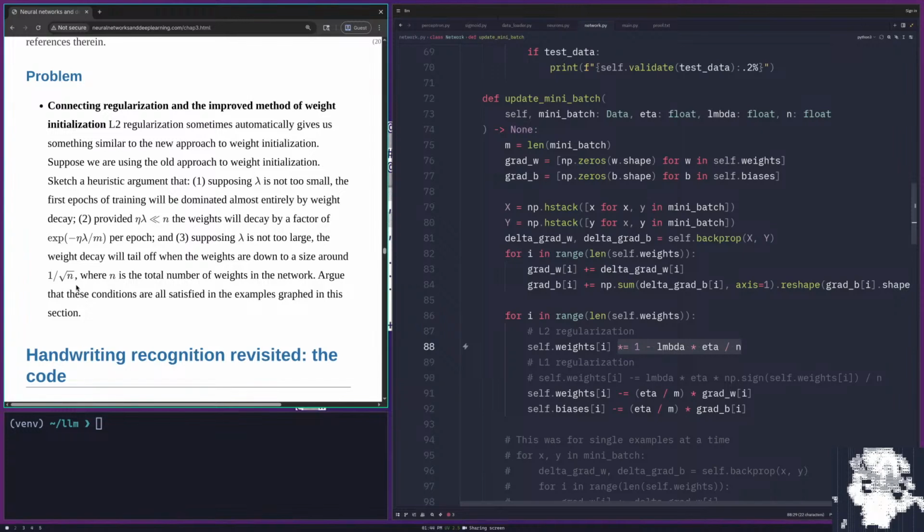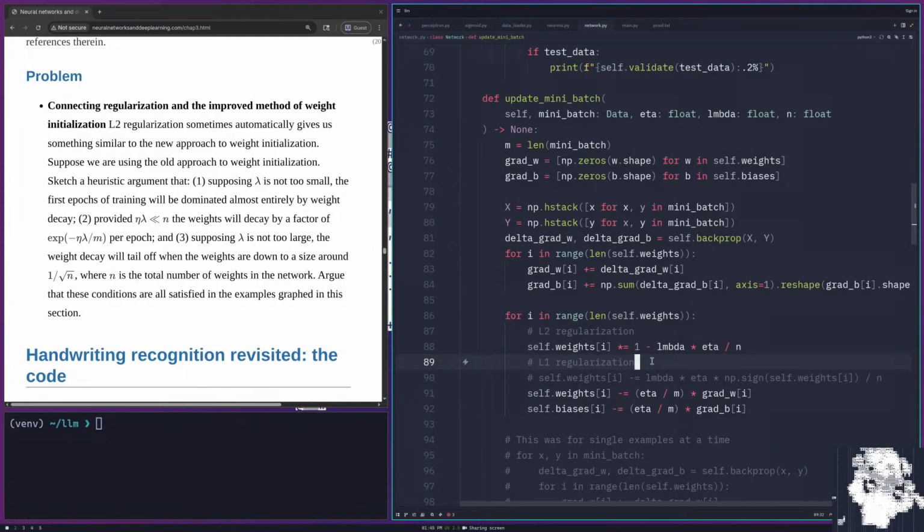I don't know, honestly. I have to give up on this. I don't know the reason why 1 over square root of n is magic here.